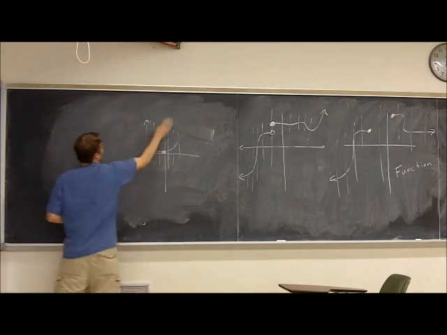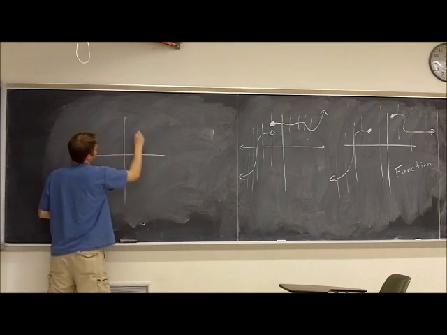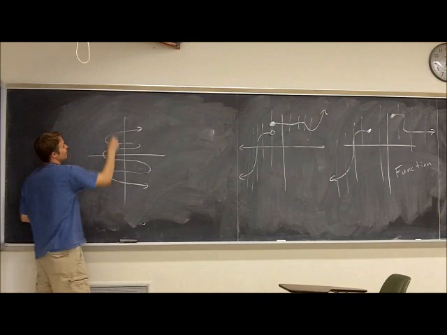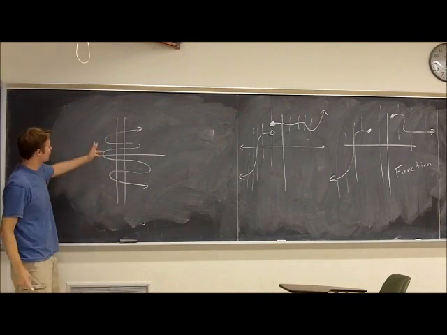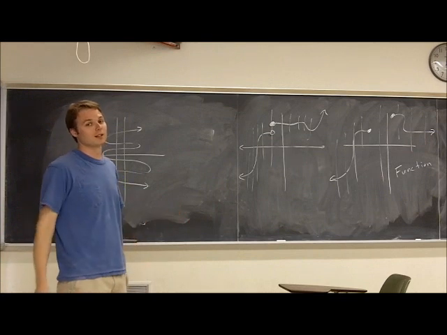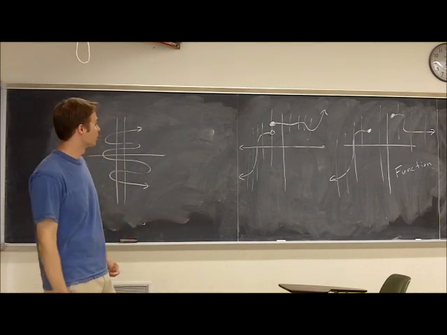Now, I said you don't want to be able to hit it twice. For example, this, of course, is not a function because I can draw a line right there and hit the graph 6 times. So anything more than once, we put in the category of not being a function, anywhere we can draw a vertical line.